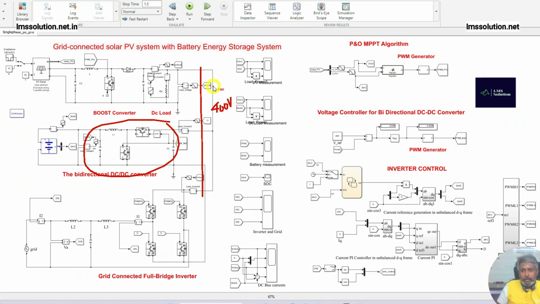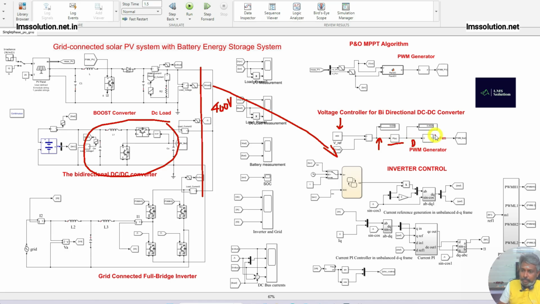For that we are measuring the DC link voltage here, and it is compared with 400 volt. We take the error voltage and process it via a PI controller. The PI controller generates the duty cycle, and the duty cycle is processed via the PWM generator.